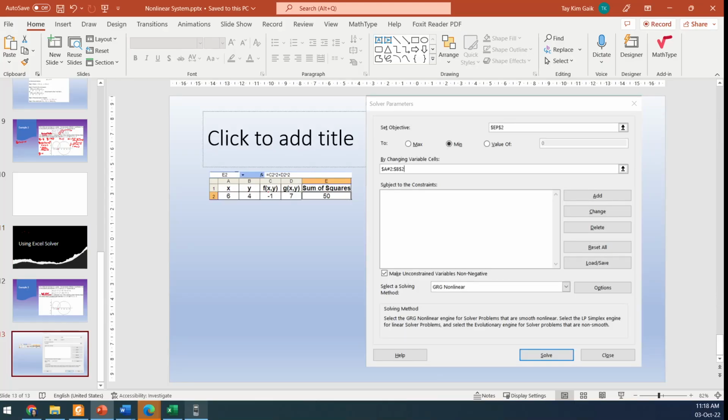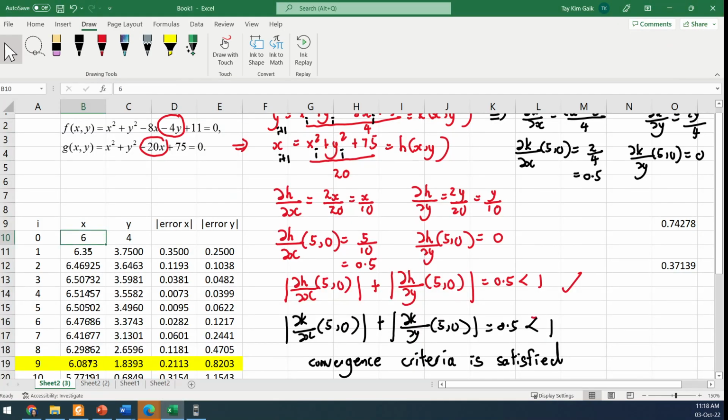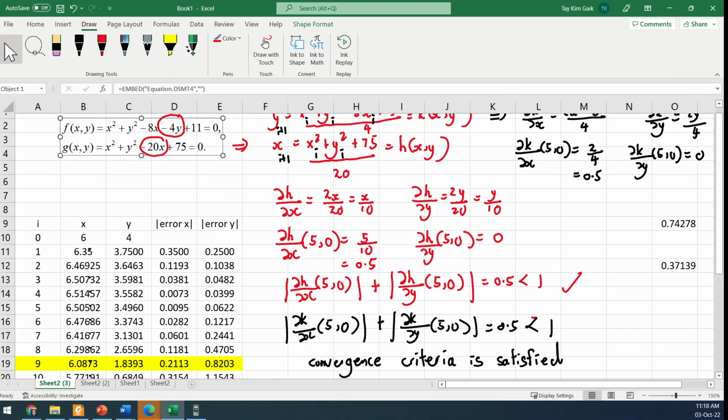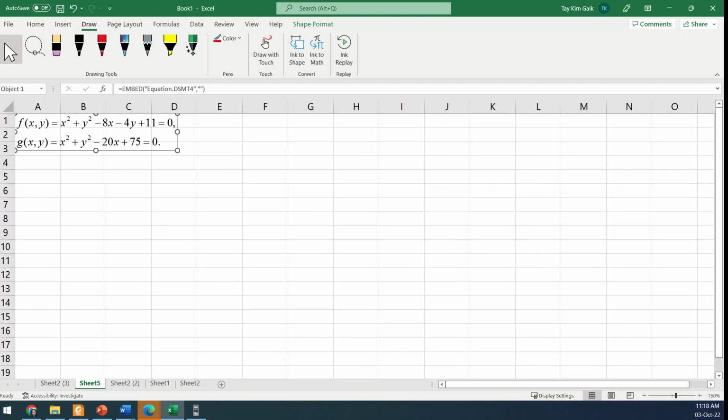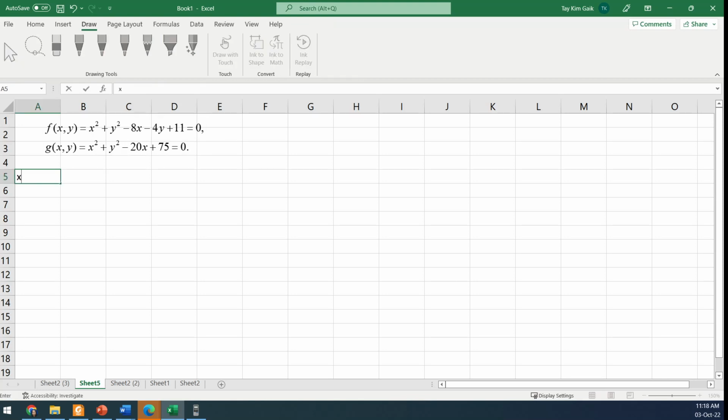So we go to Microsoft Excel, copy this equation and paste it here. You have the column x, column y, the fxy, your gxy, and this is the sum of squares. Let's say we try the first root, 5, 0. Put in 5, 0.